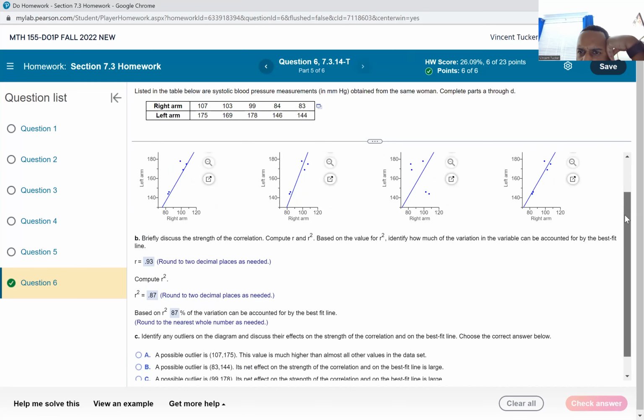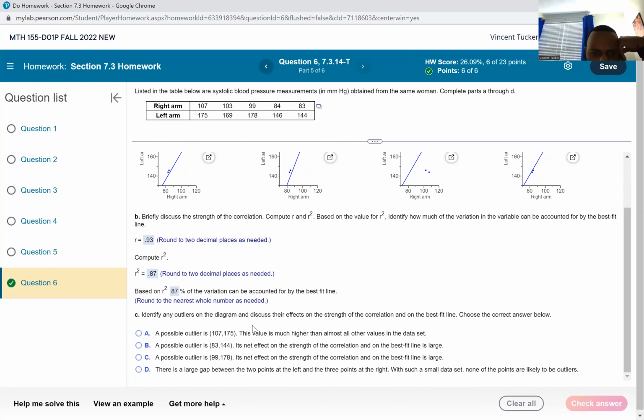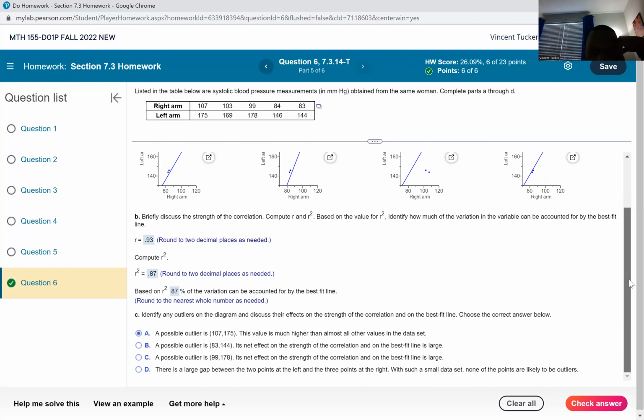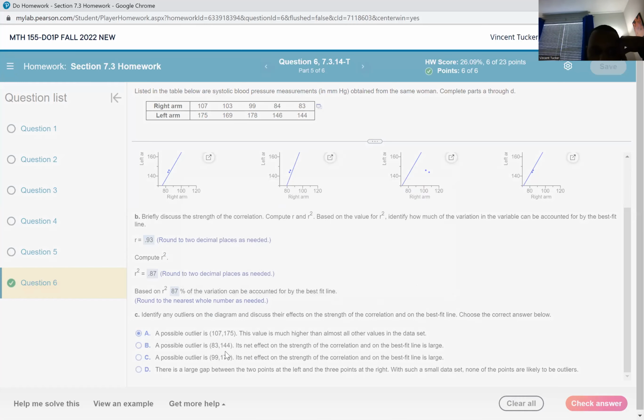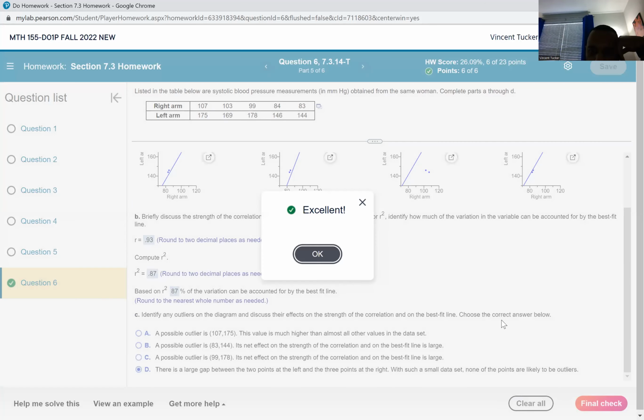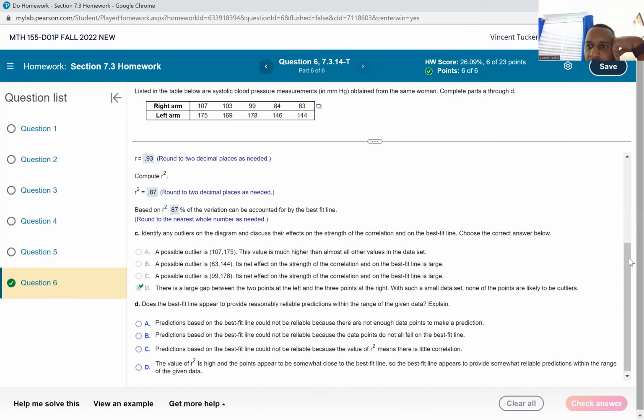So that is 107, 175. Possible outlier is 107 to 175. The value is much higher than almost all the other values in the data set. Let's check. Nope. So it's not far enough away. So in this small data set, none of these points are likely outliers. So it was just a shot.